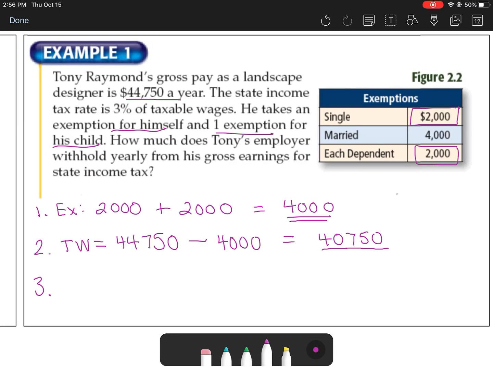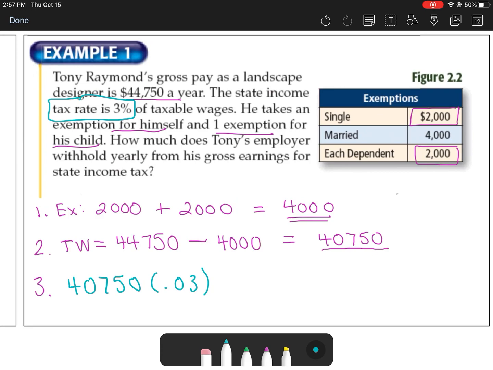How much does Tony's employer withhold yearly from his gross earnings for state income tax? Going back, his state tax rate is 3%. So I'm going to take my taxable wage of $40,750 and multiply it by 3%. Remember that is 0.03.